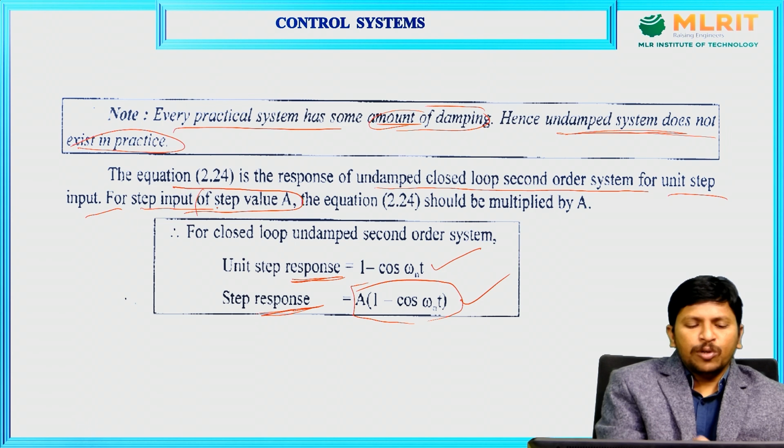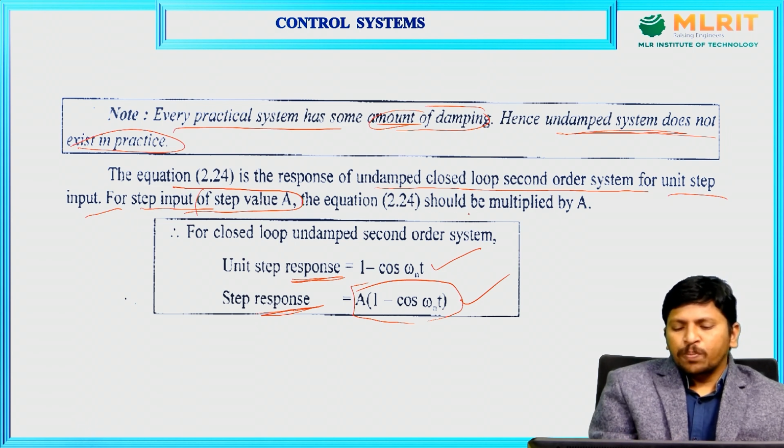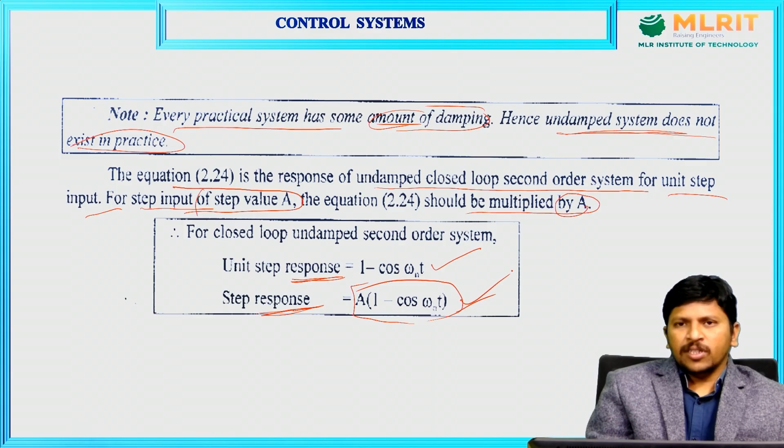For a step input of step value a, the unit step equation, 1 minus cos omega n t, should be multiplied by a. After multiplying by the step value a, we get this step response.